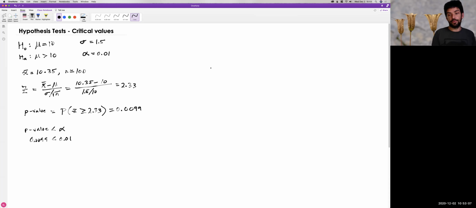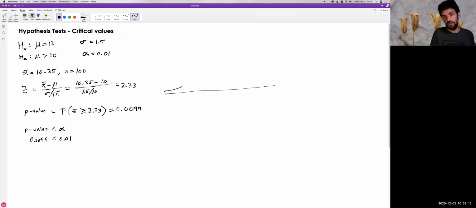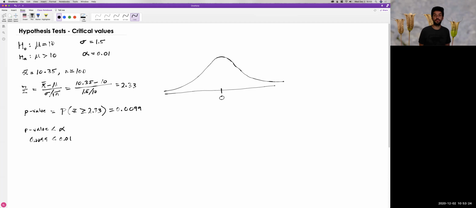Let's think about it another way, though. Let's draw a little picture here. Here is our standard normal distribution, with the mean of 0. What is the meaning of alpha? So alpha is kind of a limit on how rare something has to be.